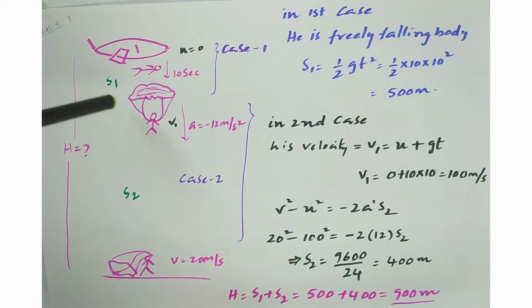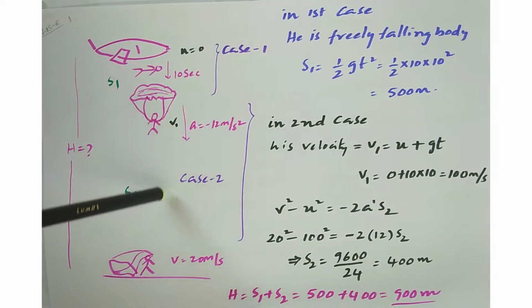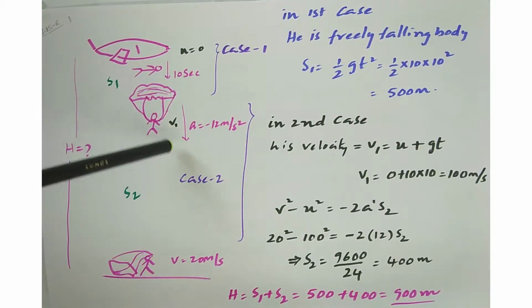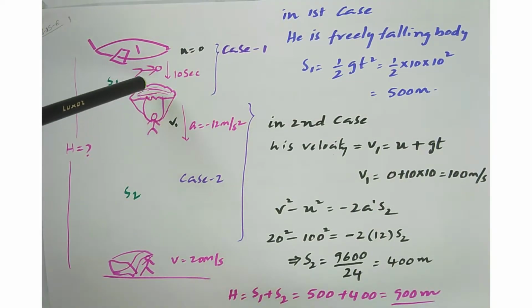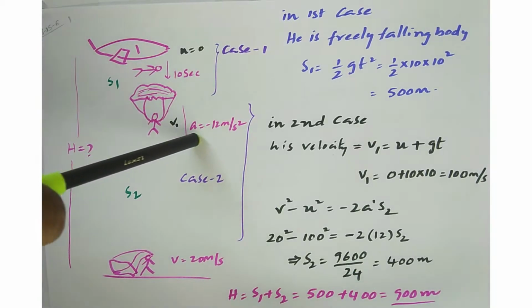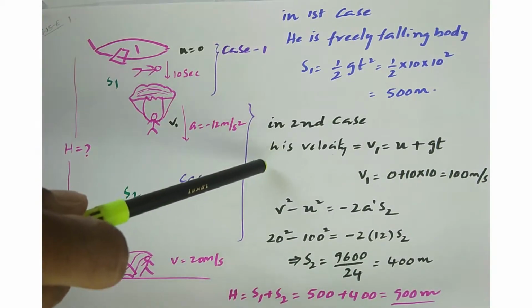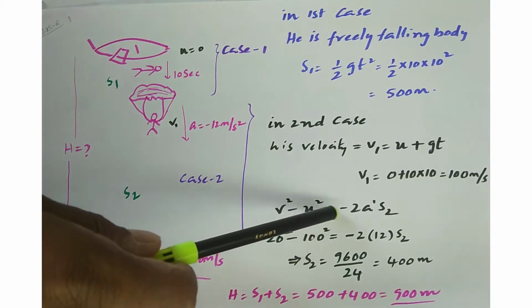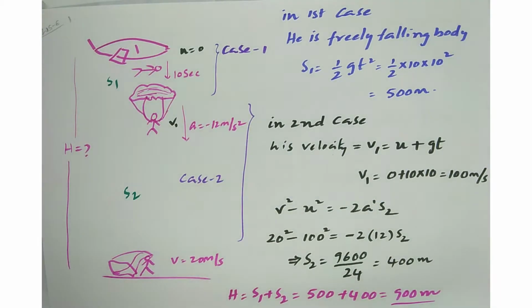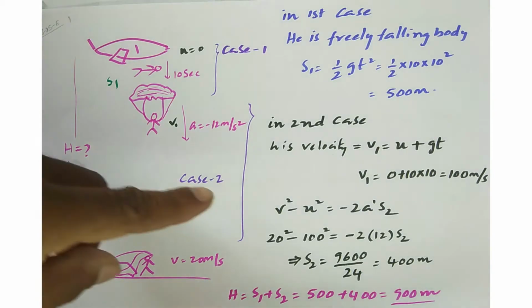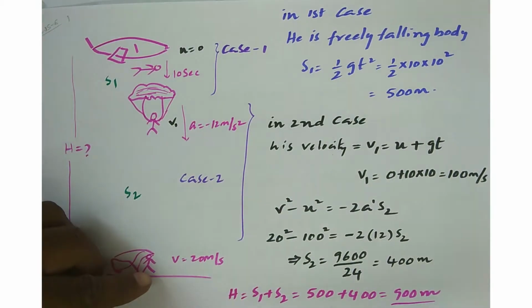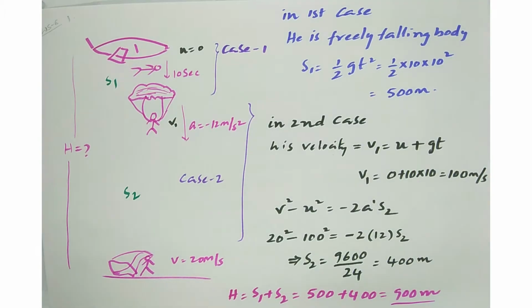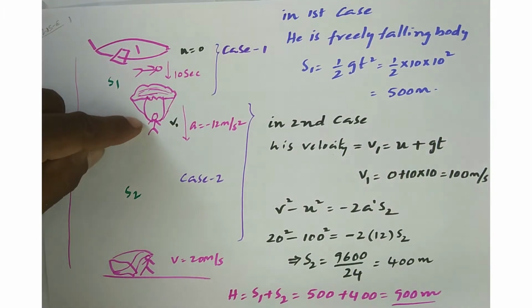In the second case, he is now no more a freely falling body because the parachute is there. It reduces the velocity. That's why his acceleration is negative. Now we have to find this displacement. For that I am going to use v square minus u square equal to 2as. But the final velocity is given as 20 meter per second, but the velocity at this point is not given.